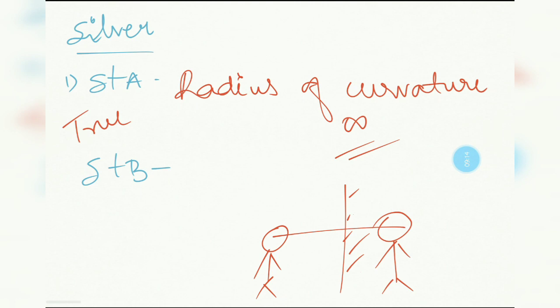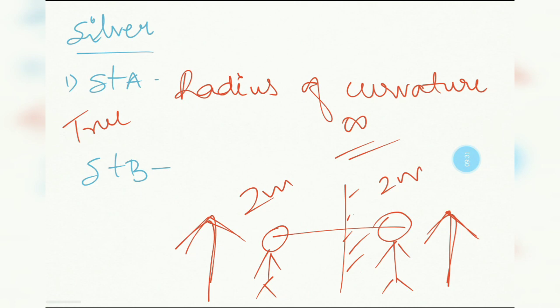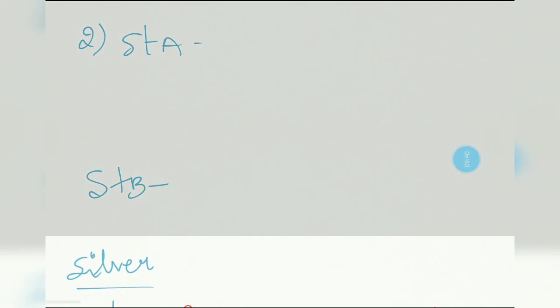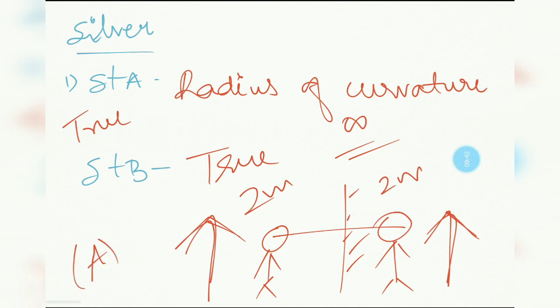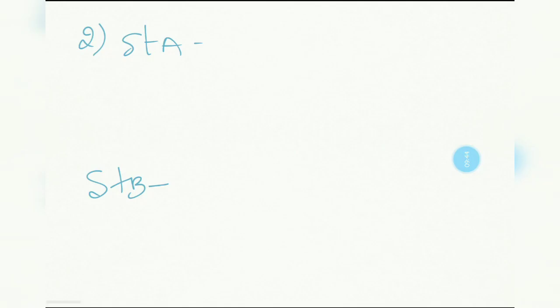That means it is straight, in the same direction. If you are standing this way, it will show you this way itself. That is erect, so obviously it's true. And it is the same size as the object. I told you, if you're 2 meters, here also 2 meters. You have seen this multiple times. So statement B is also true. I hope you understood this. So which is the option? Option A. Now I am moving forward to the second question.